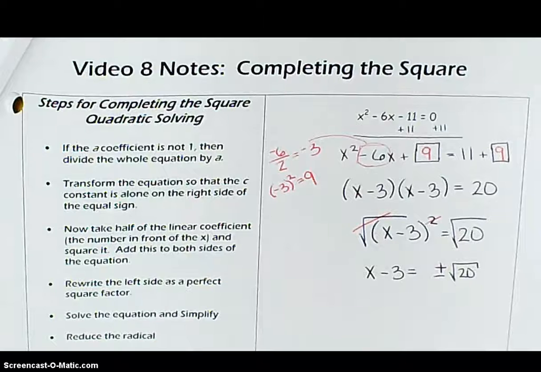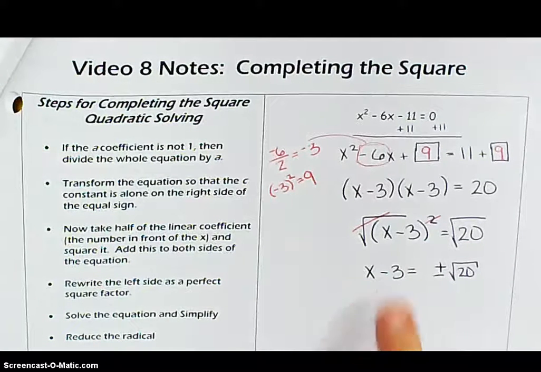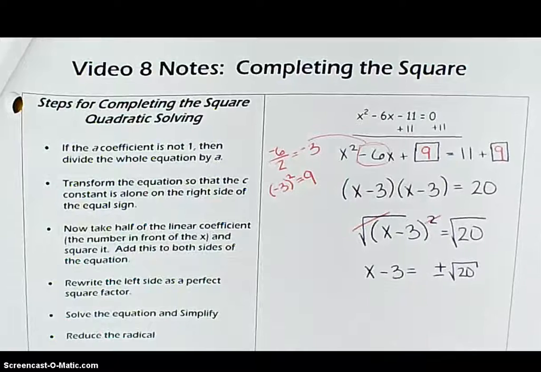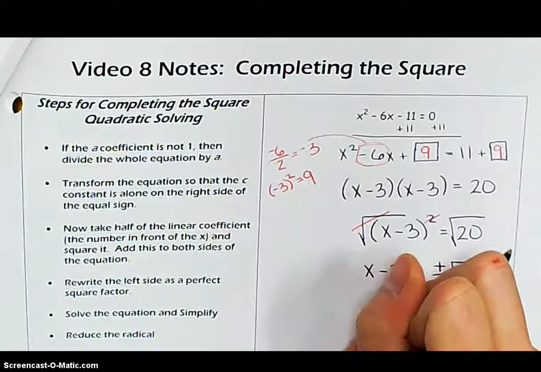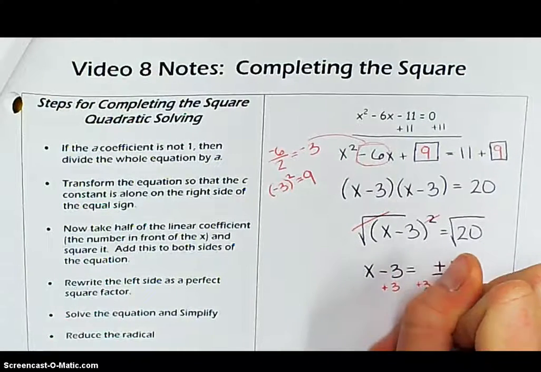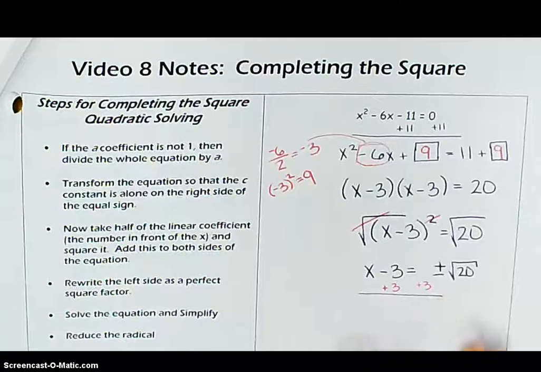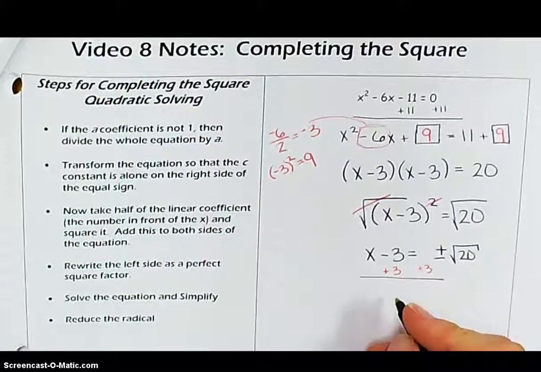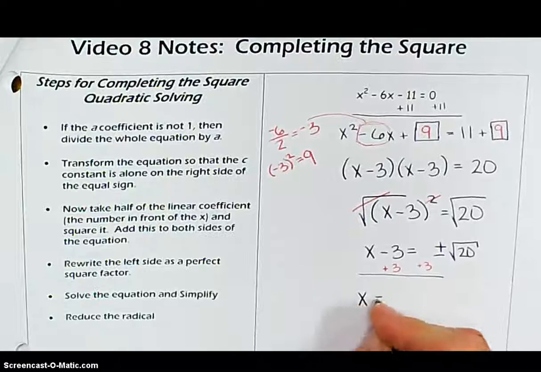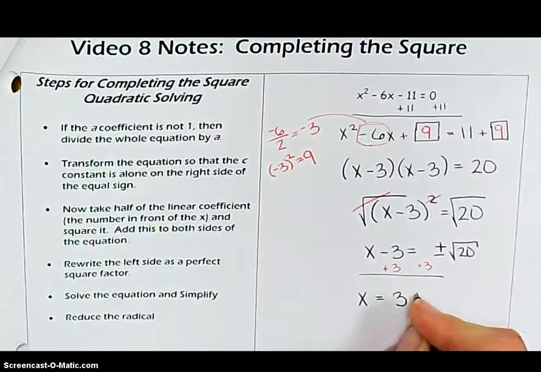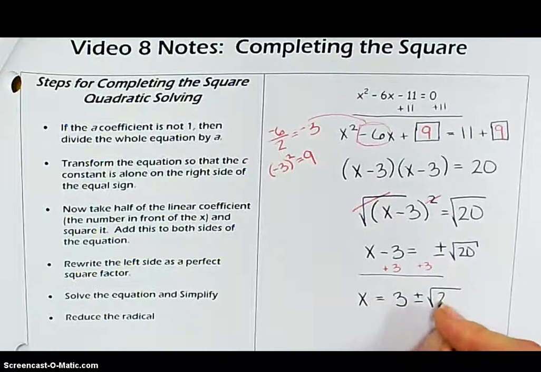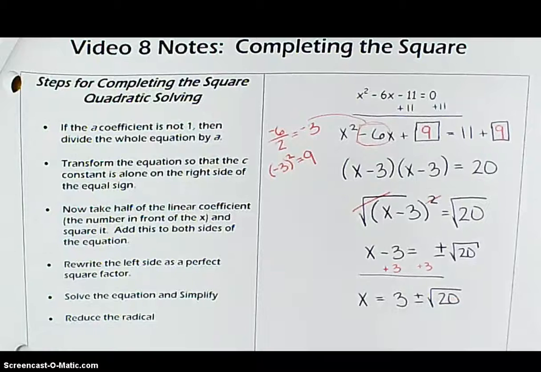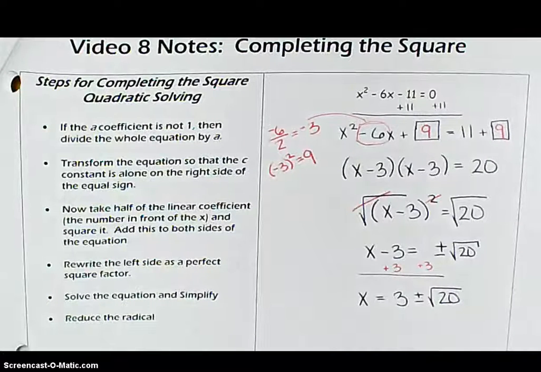So you get a positive or negative radical 20. Now we still need to solve for x, so you have to get the x by itself. So I'm going to transpose the 3 to the other side. So I'm going to add 3. Now remember, you cannot combine a whole number and a radical, so we put the whole number in front. So we're going to get x is equal to 3 plus or minus radical 20. And with that, you have just solved using completing the square.